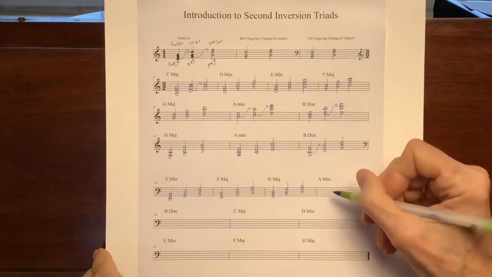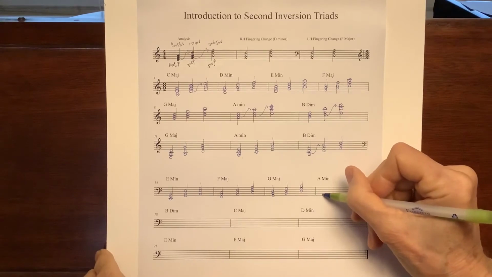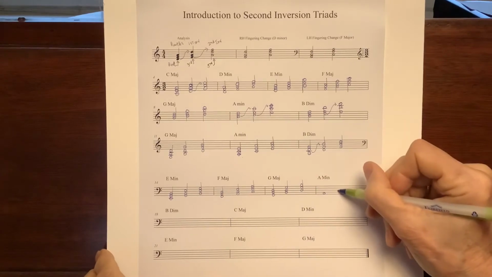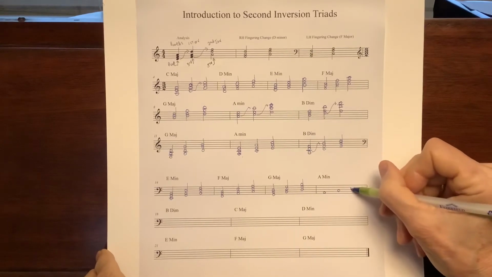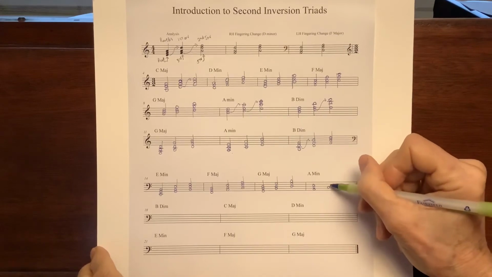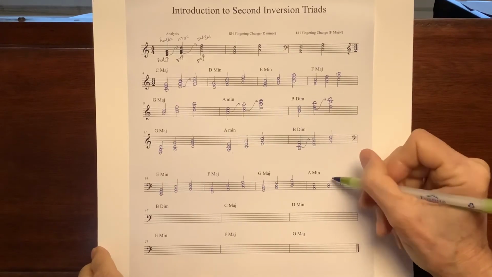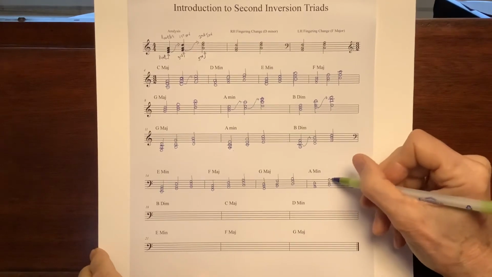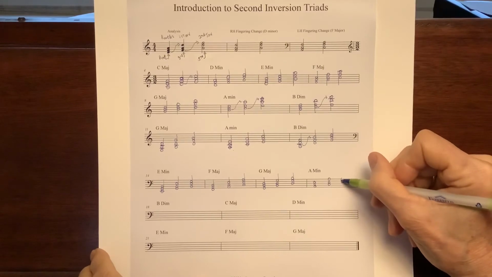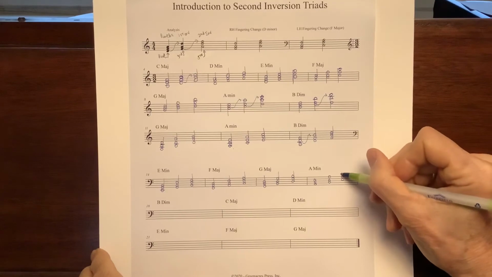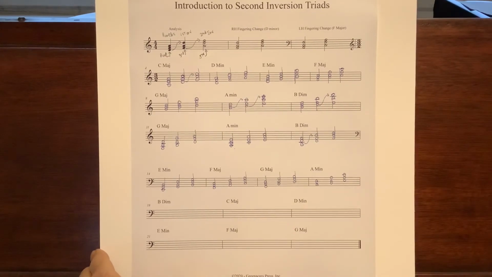All right, A minor right here on the bottom space is A, followed by C and E, root position A, C, E, first inversion C, E, A. Okay, now we're going to keep the E and the A and bring this bottom C up to this ledger line for second inversion.